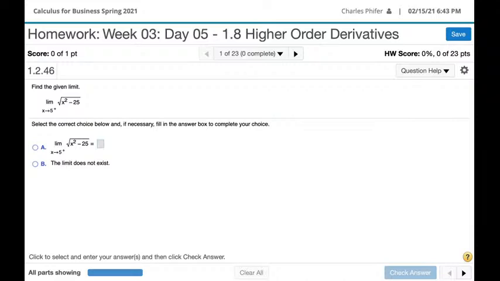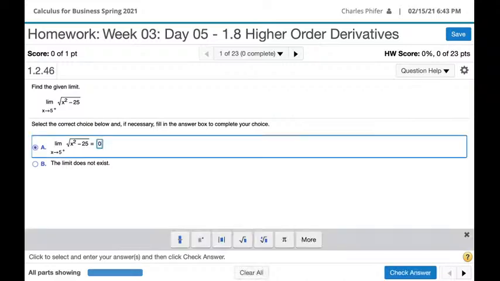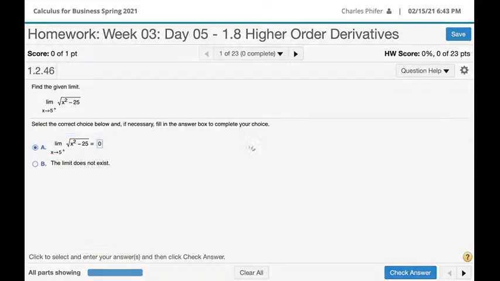If that's greater than or equal to 0, positive 5, right? Okay. I'm going to say that this limit is 0. So if we were to look at the graph, as x approaches 5 coming from the right, the y value should approach 0.